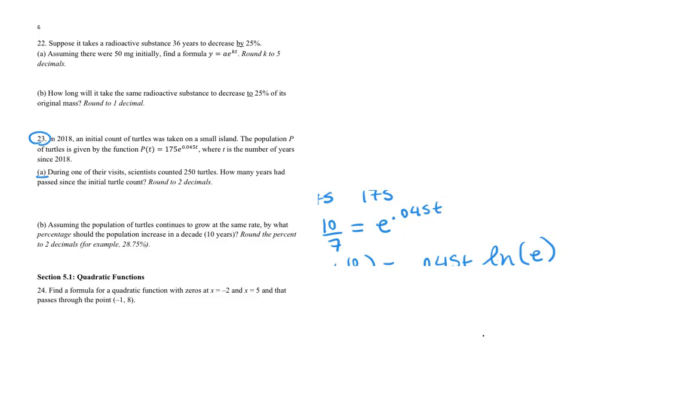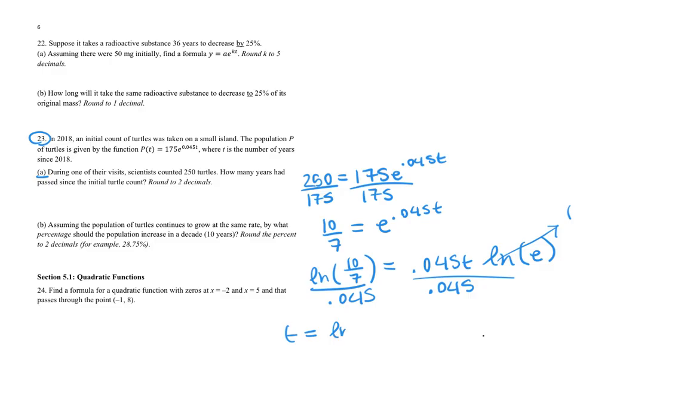Of course, the natural log of e is just equal to 1, so our last step is to divide by 0.045 on both sides, to get that t is exactly equal to the natural log of 10 sevenths over 0.045, and is approximately equal to 173.5 years. Great.